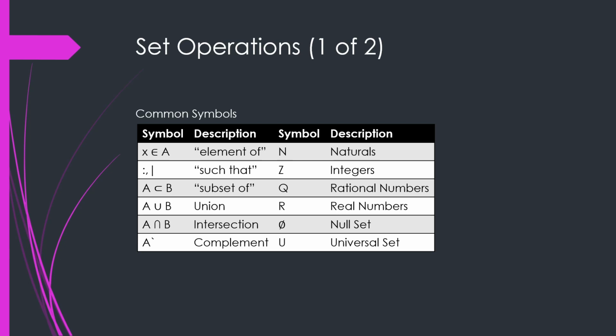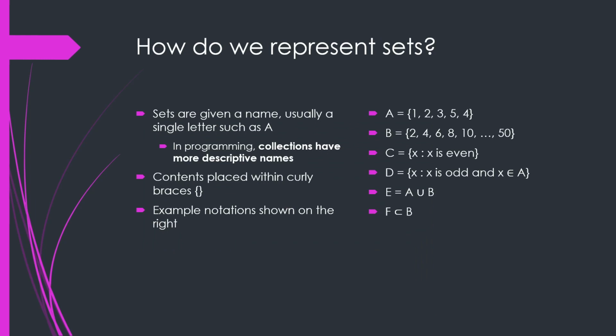What an intersection does is if we're given two sets, then the intersection of those sets are the elements contained in both of them. So if we go back up, we have sets A and B. The intersection of A and B would be 2, 4, because those are the only numbers contained in both A and B.